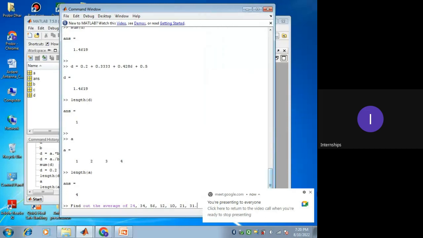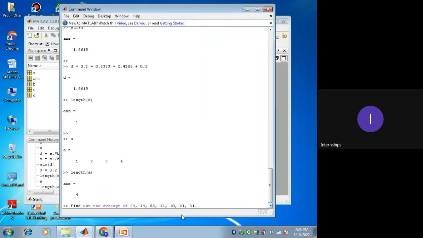Now solve the problem. Find out the average of this one, writing down using the commands I have already explained. Five minutes, only 5 minutes it will take.